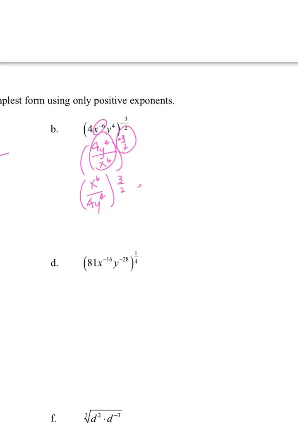All right, and then each thing inside those parentheses, I'm going to take the square root of it and then raise it to the 3rd power. So on the top, I'm going to get x to the 9th. On the bottom, the square root of 4 is 2 to the 3rd power is 8. And then multiplying these together, that's y to the 6th.